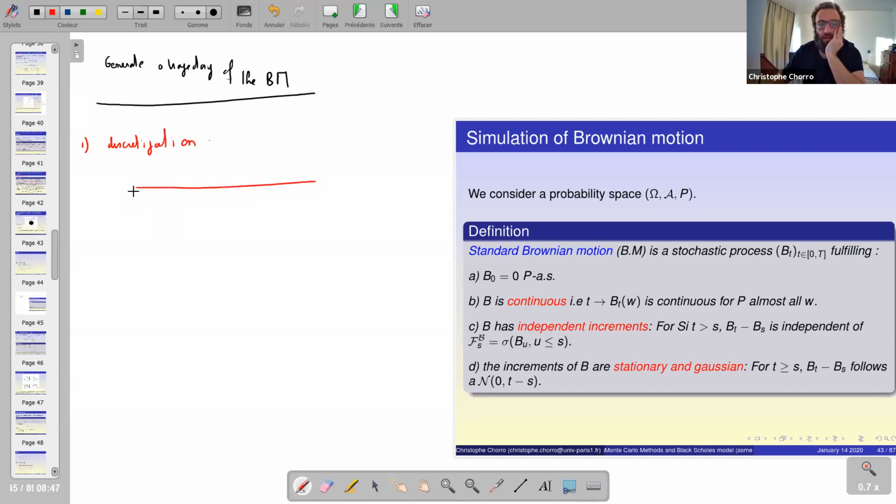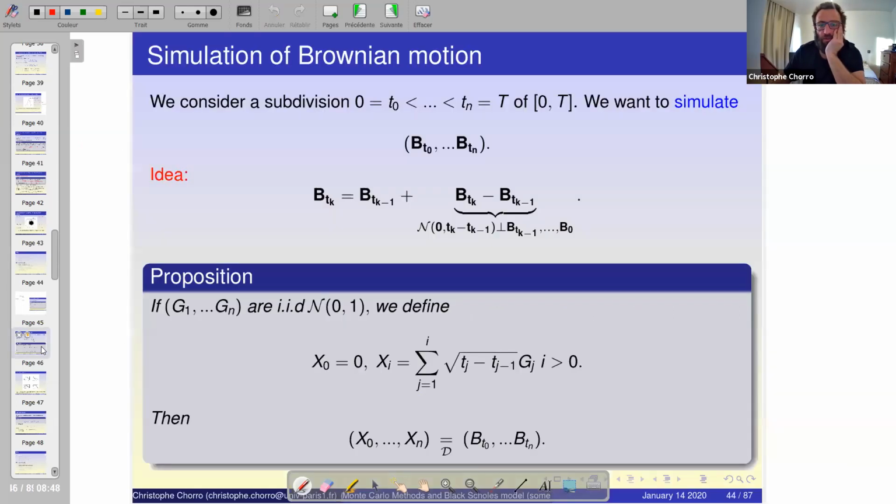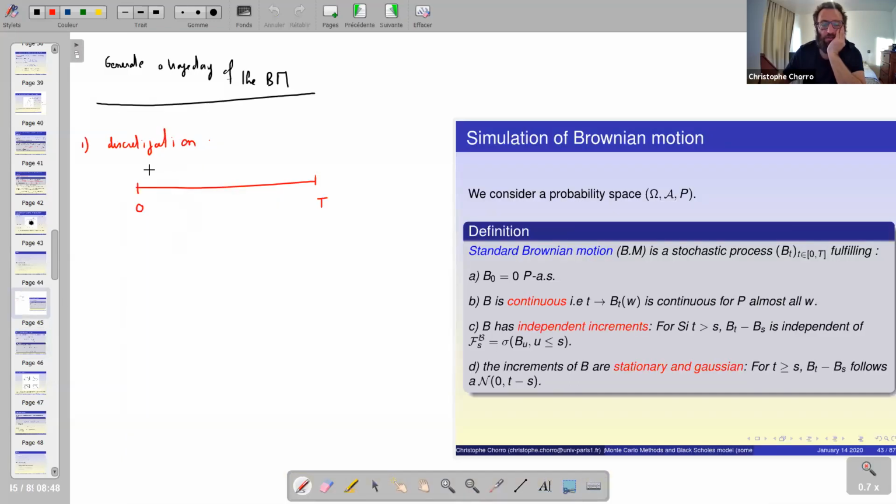So I take my interval 0 to capital T and consider a discretization, t0 equal to 0 and tn equal to capital T, so a discretization with n plus 1 points.